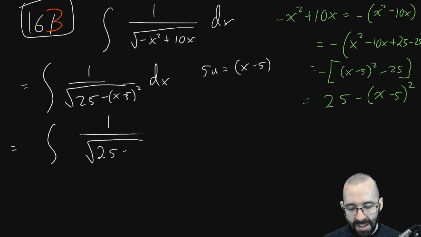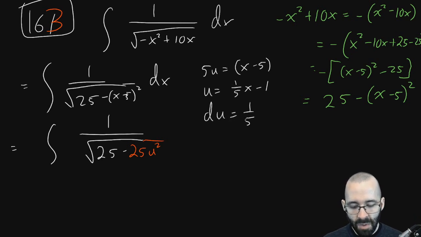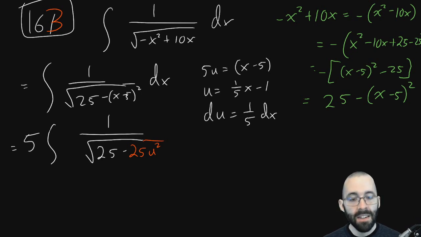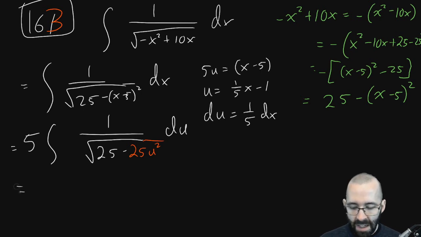That's going to be nice because then x minus 5 squared is going to be 25 u squared, like so. Let's let u be 1/5 x minus 1. Du is 1/5 dx. We'll have a 5 out here and turn that into a du. And then what do we get?